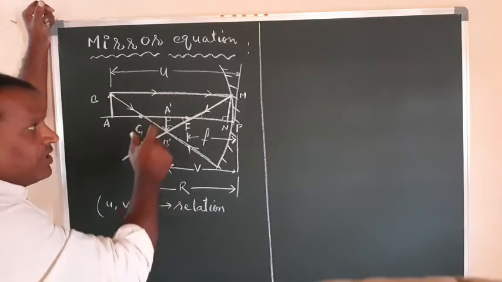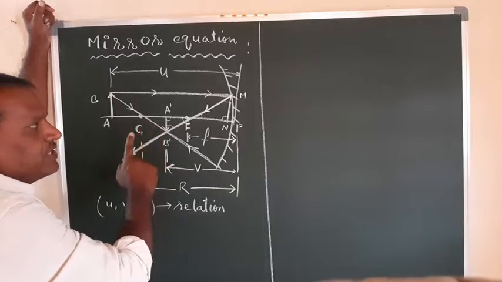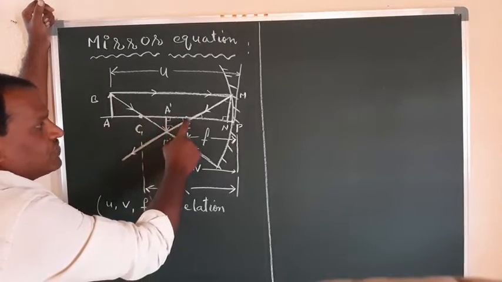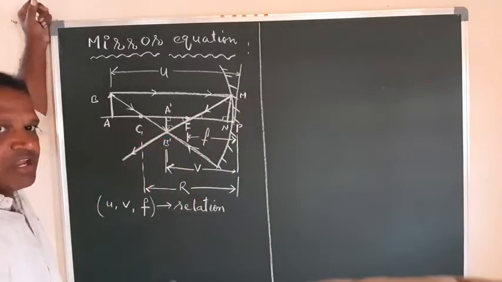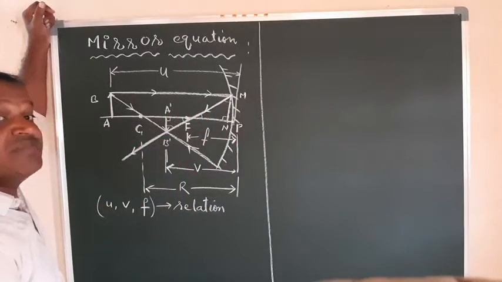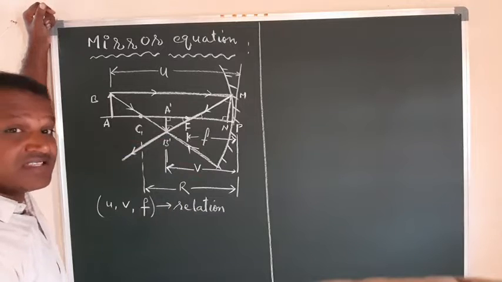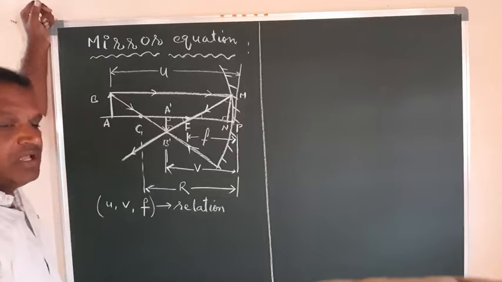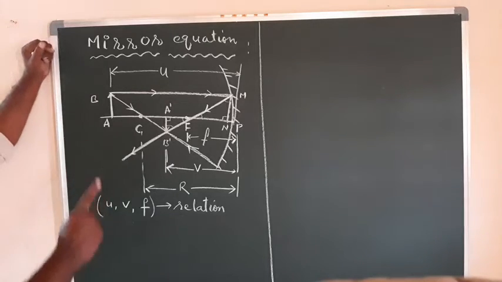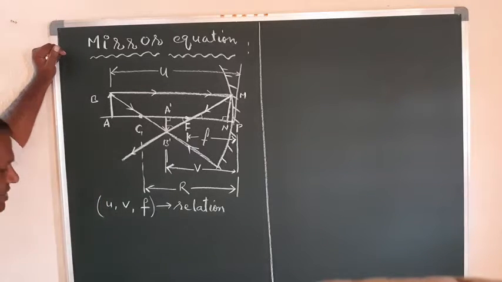So from that geometry, I am considering A dash B dash F and N M F. They are similar to each other. Once the triangles are similar, their sides are proportional. Correct? So I am writing here from the diagram, and that too which triangles I am considering.